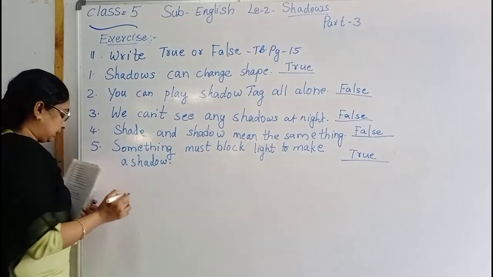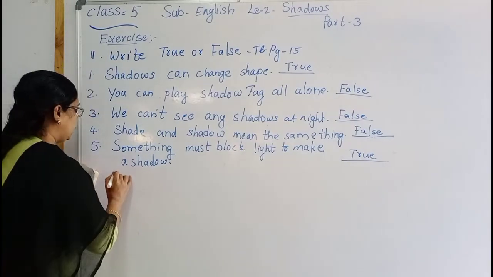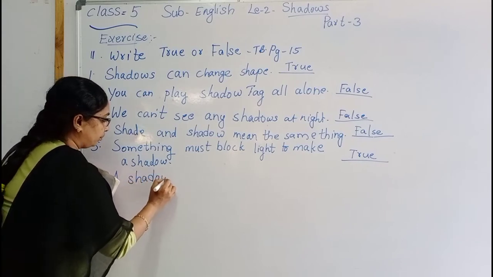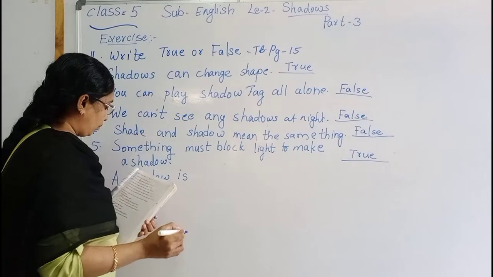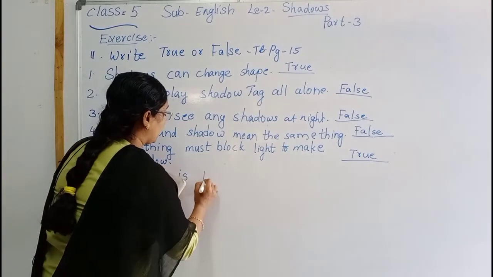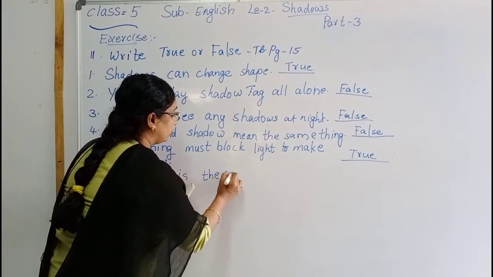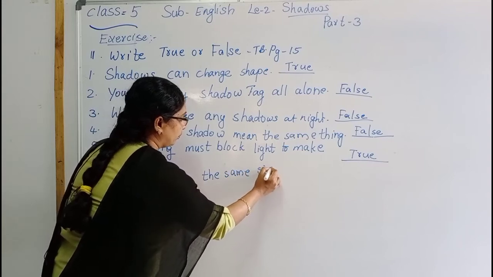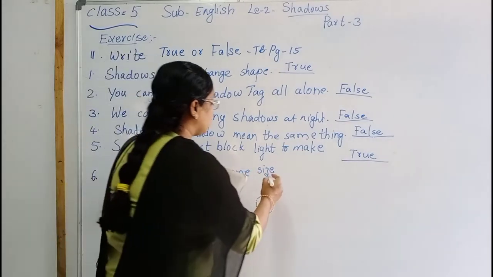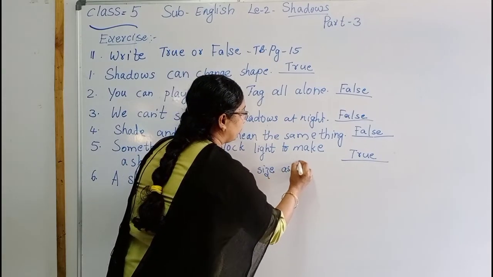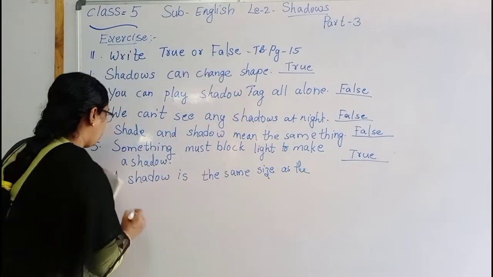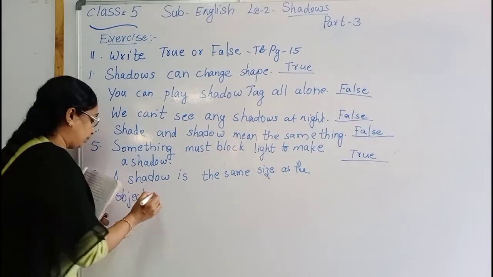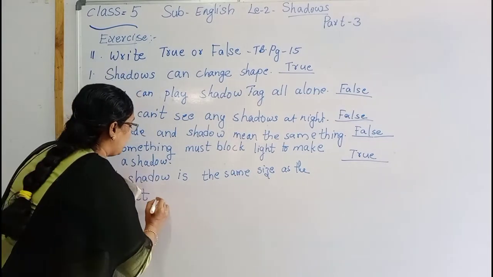Then number 6. A shadow is the same size as the object making it.